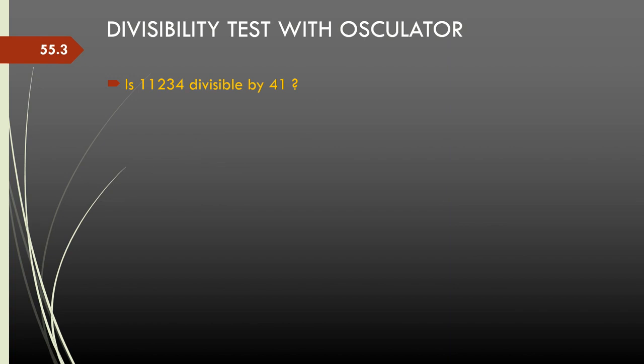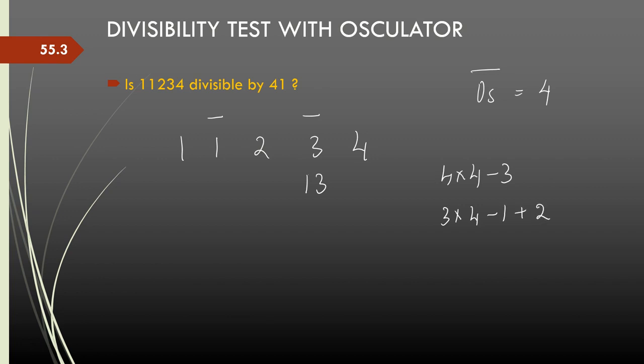Let us say we were checking divisibility of 11234 by 41. My OS bar or negative osculator is 4 in this case. Now, I mark alternate digits as negative and I can start the process. First is 4 into 4, 16 minus 3, so that is 13. Then it is 3 into 4 minus 1 and plus 2, so that is also 13. Then again 3 into 4 minus 1 and then minus 1.